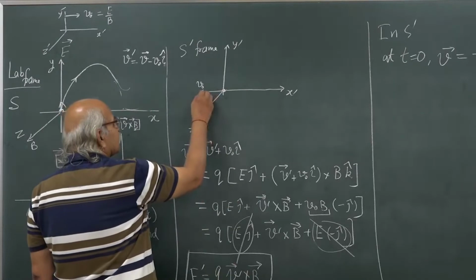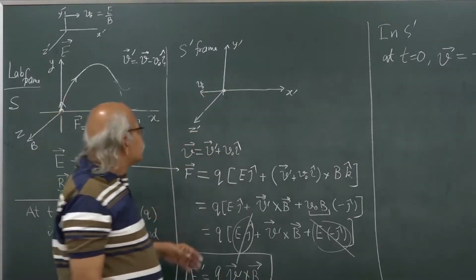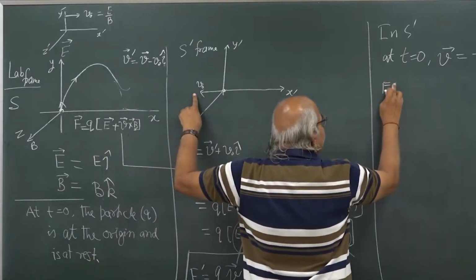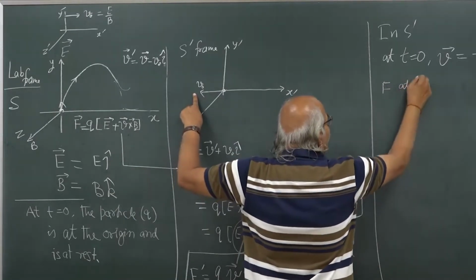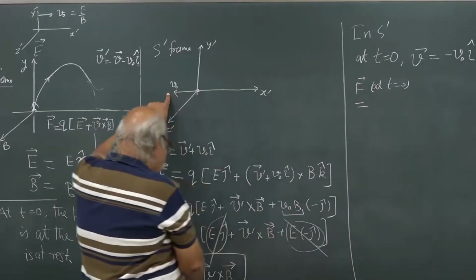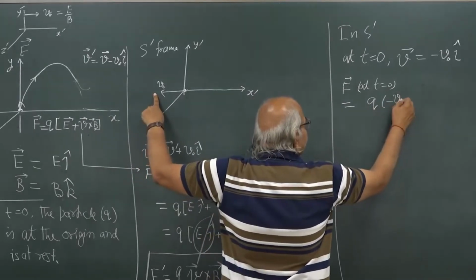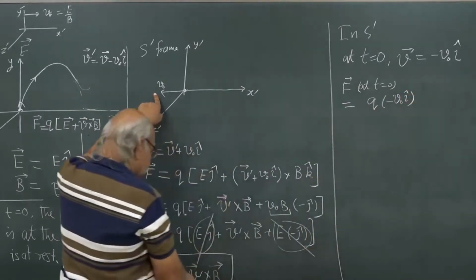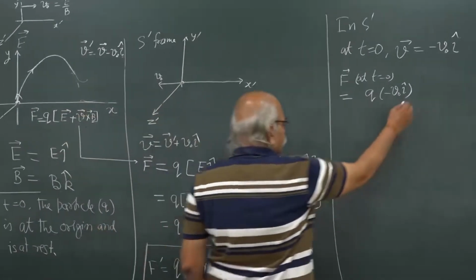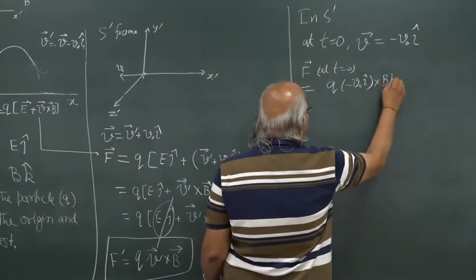So the velocity is in the minus x direction and the magnetic field in the z direction. So you can write the force at time t equal to 0. That is q times the velocity, which is minus v naught i cap, cross B. B is B k cap.